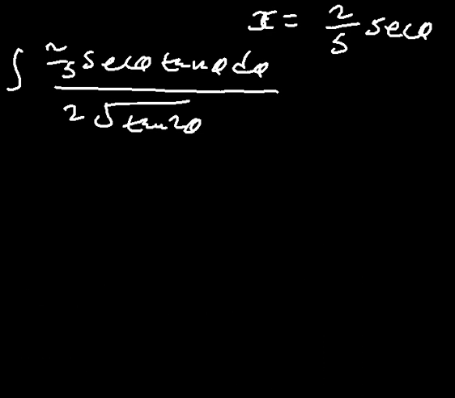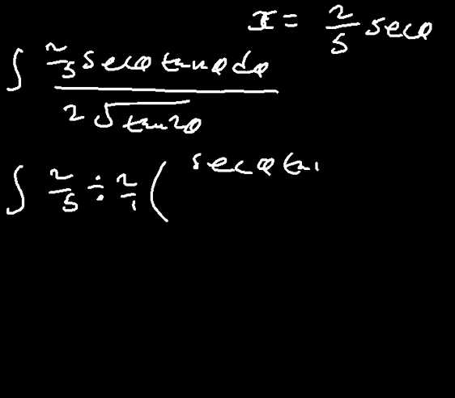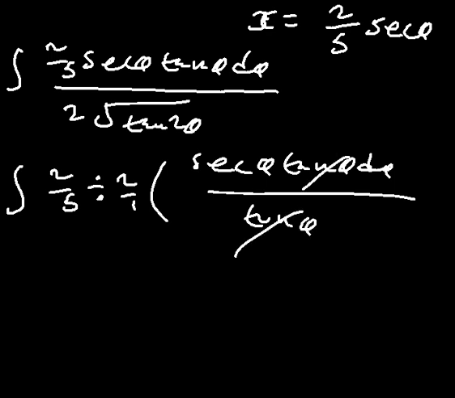And now from there, what you have is 2 over 5 divided by 2, of course, that's how you can have it, and sec theta tan theta d theta over tan theta. This and this will cancel. We'll only have 2 over 10 integral of sec theta d theta.